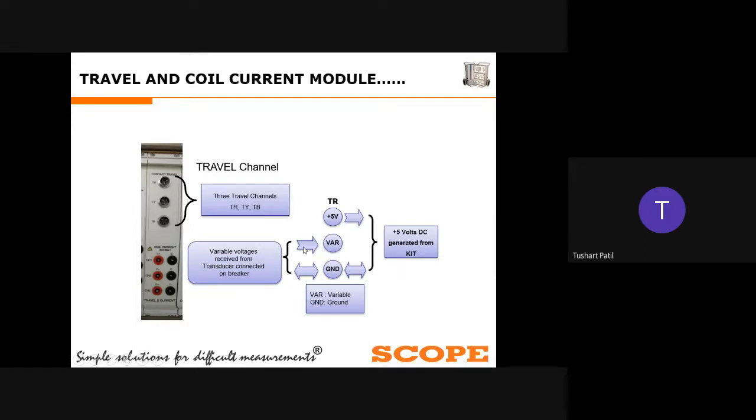Using that transducer, we are measuring the variable resistance. We connect the variable and ground of the transducer to these 2 points, and we measure the travel of the mechanism. With this travel measurement, we can check the speed of the mechanism and the speed of the contacts with the help of linkages.